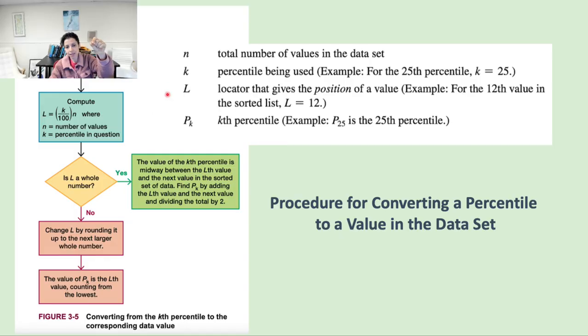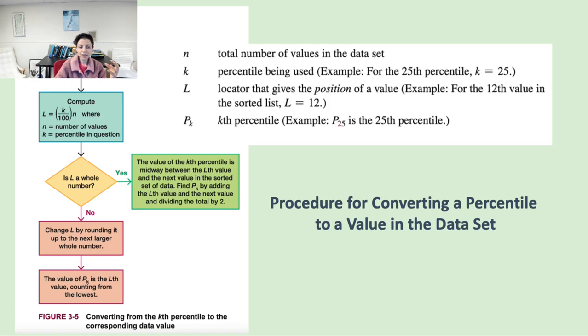That's what L is. So we want to find L in order to find the position. And then P sub k is the kth percentile, right? So k being the percentile we're looking for, if it's the 25th percentile, then P sub 25 is the 25th percentile.